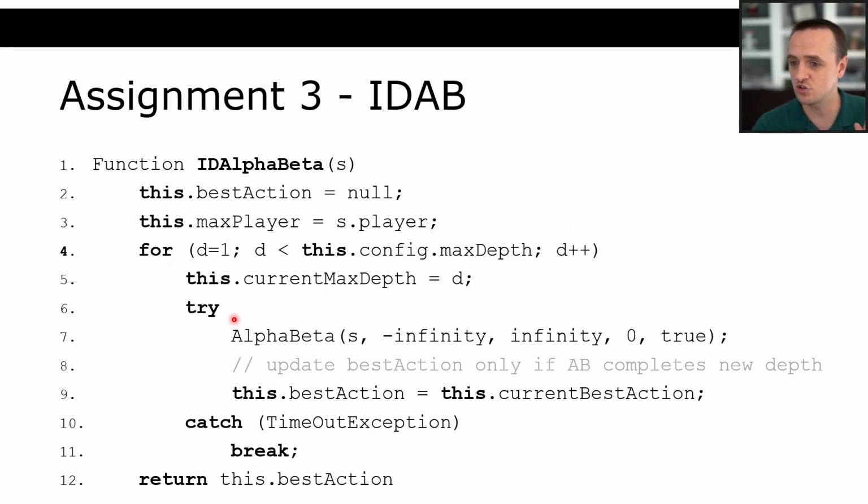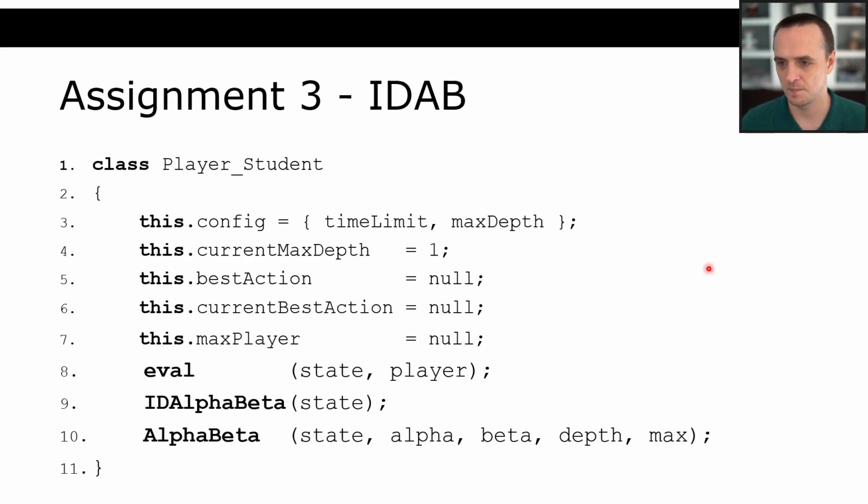Then I'm going to have a try catch statement. And what we're going to do is try to solve AlphaBeta up to that given depth. If AlphaBeta completes, then we will make it to this line of code, which will set the best action accordingly. All right? So we have two values here. We have the current best action.